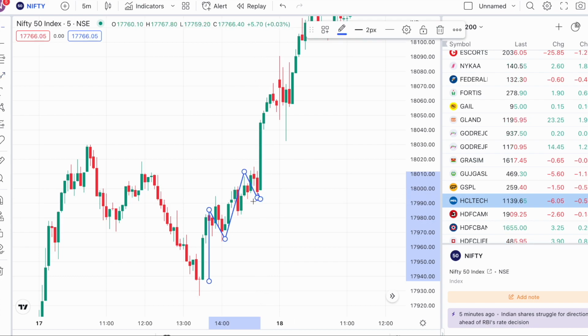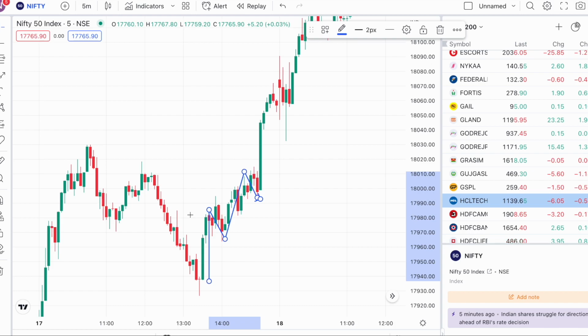Now, to confirm that a trend is established, because we need to find entry as well, this is part of the analysis. When will we say that this is a trend?